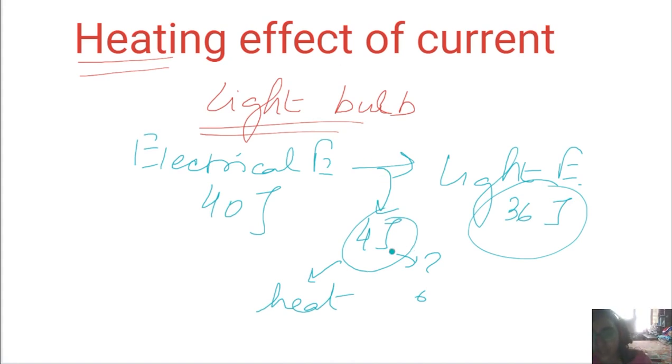Because some of the electrical energy gets dissipated as heat energy, not a huge amount, otherwise the bulb would have burst, but some amount. So that's why you can feel the heat coming out of a light bulb if you have touched it. Okay, so that is basically the heating effect of current. It is nothing but the dissipation of electrical energy in the form of heat.